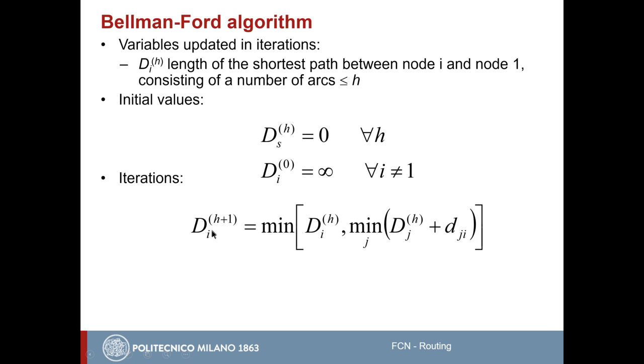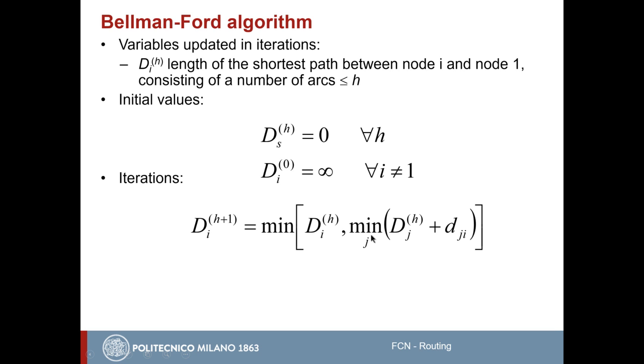The updated value of node i would be the minimum between the value of node i in the previous step and this expression here.